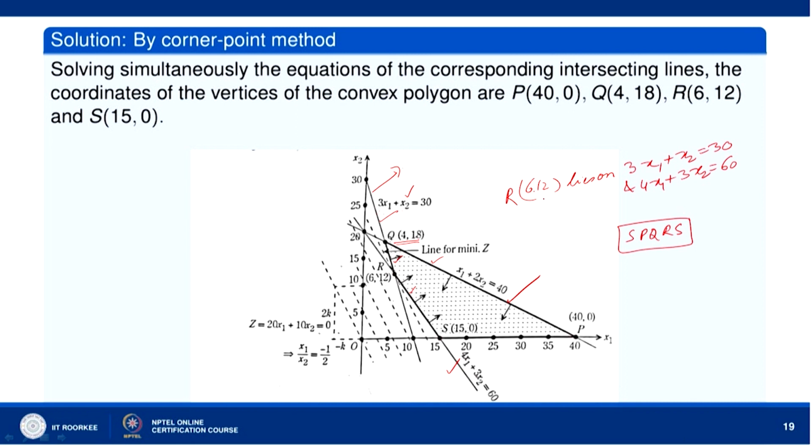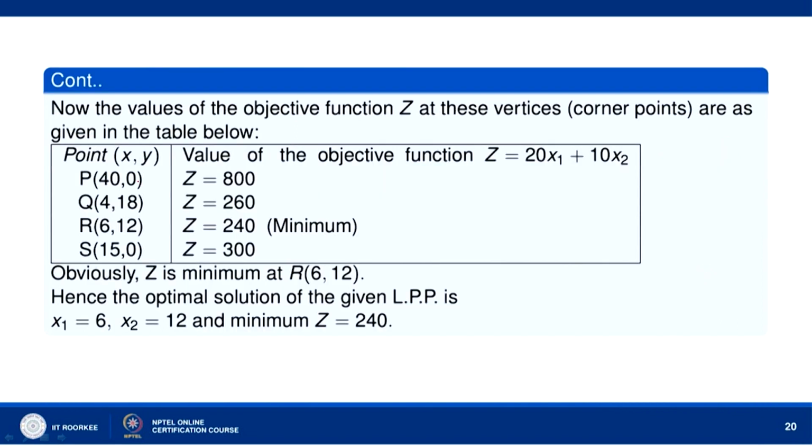So, the vertices are P, Q, R, and S. Now, at all these 4 vertices of the convex polygon, we will determine the value of Z and see which value of Z is minimum. So, P is 40, 0, Q is 4, 18, R is 6, 12, S is 15, 0.